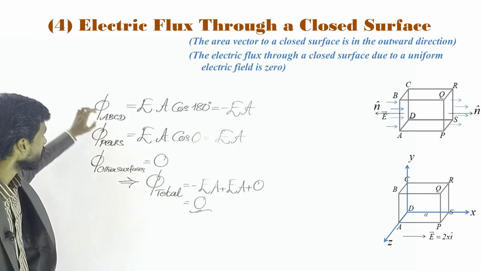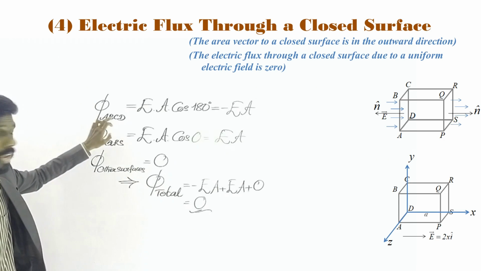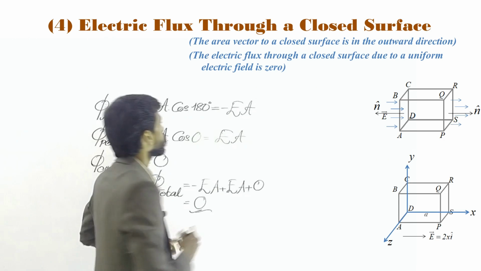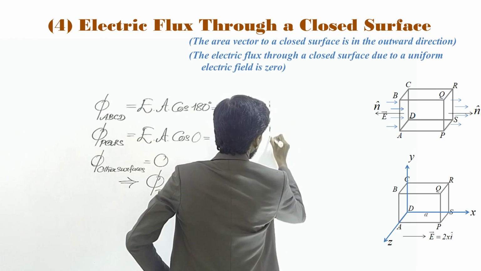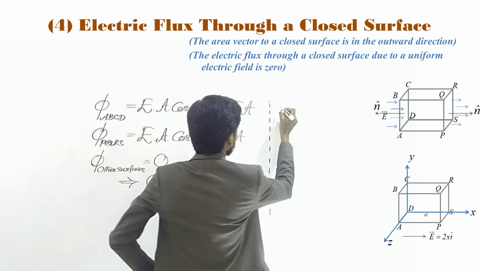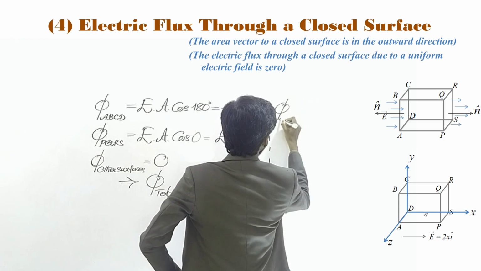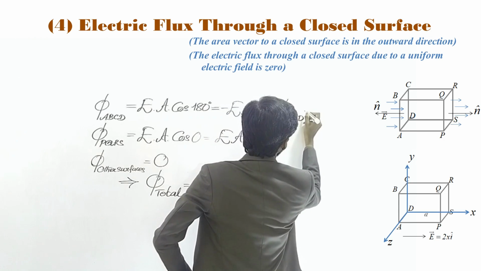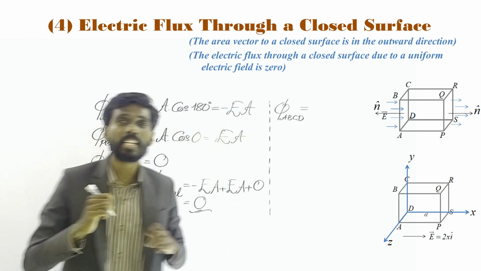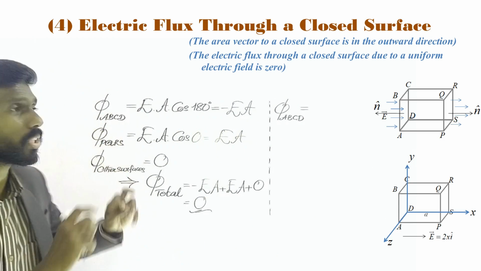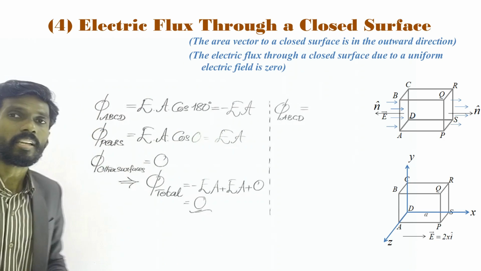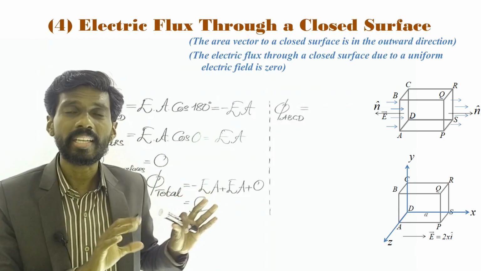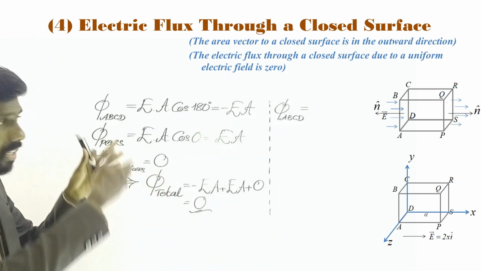Let us first find the electric flux through the surface ABCD. The same thing we will find, but this time E is not constant. That's all. So what is the electric flux through the surface ABCD? See, on the surface ABCD, the x value is 0, because it is on the yz plane.